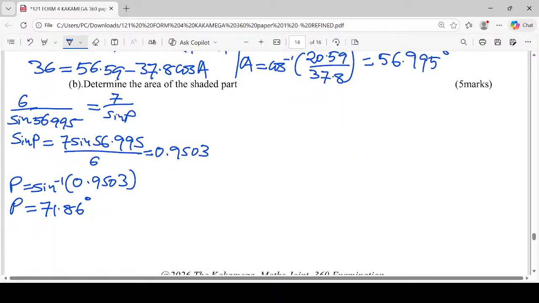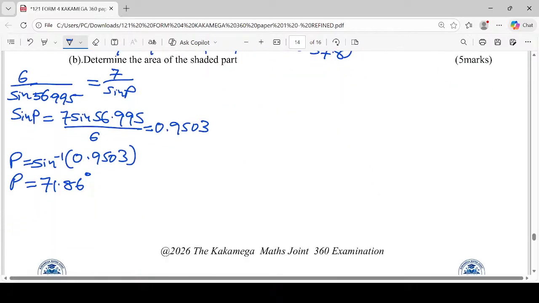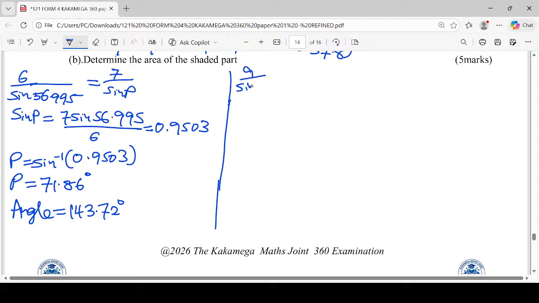This means that our angle here will be 143.72 degrees. And once we have that as our angle, remember the formula that says A over sine A is equal to 2R under the sine rule.